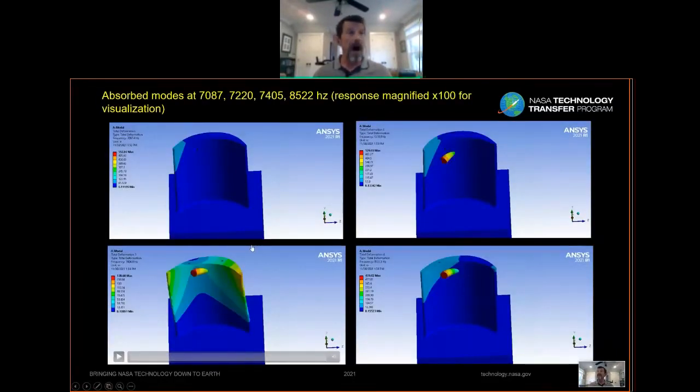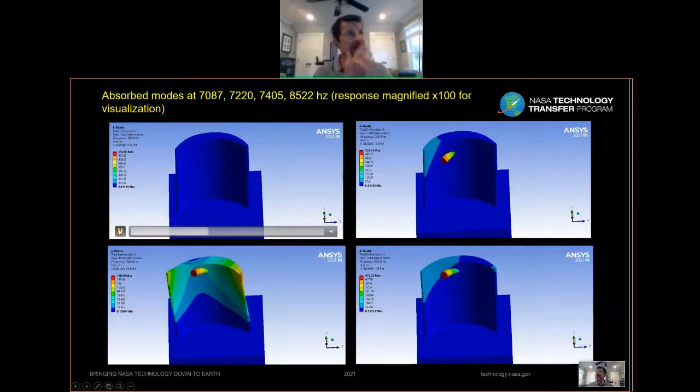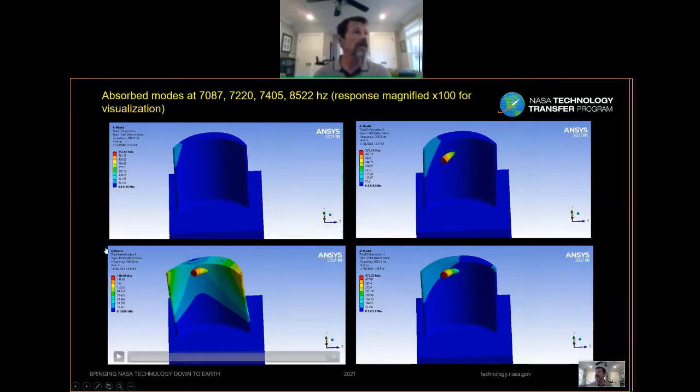So this is the model of the absorbed structure, and I have 4 modes here, and the frequencies are similar to those original modes. And you can see here, this is a great view of what I'm trying to achieve. The blade is hardly doing anything, but the tuned mass absorber, which you can see inside, is really moving like crazy in this mode also.